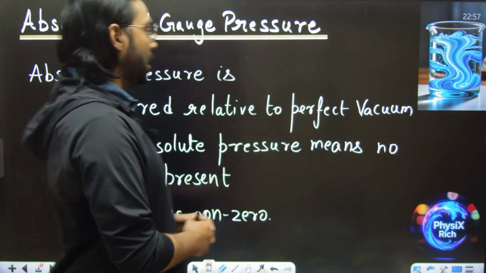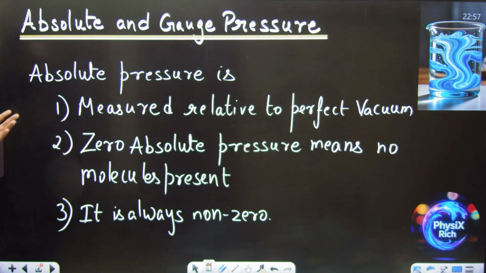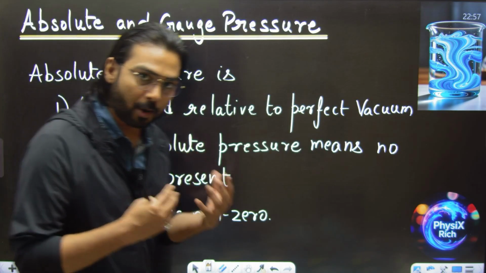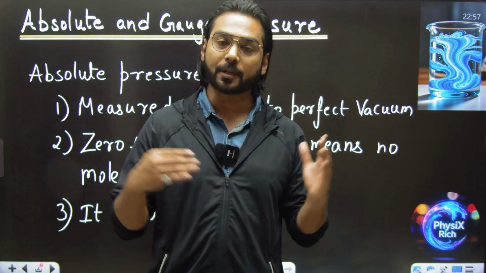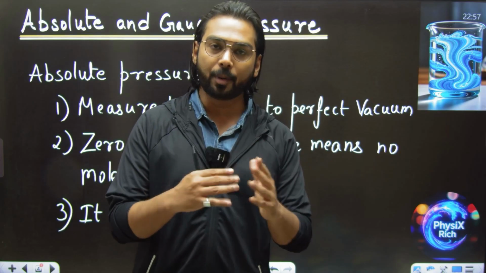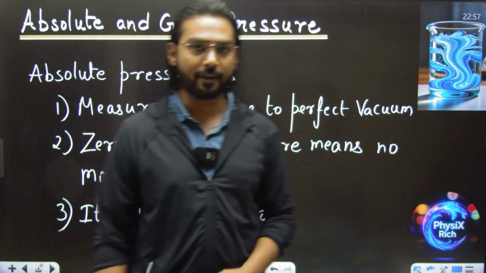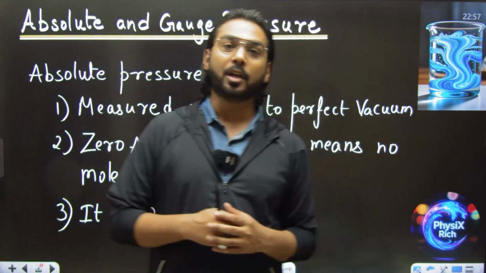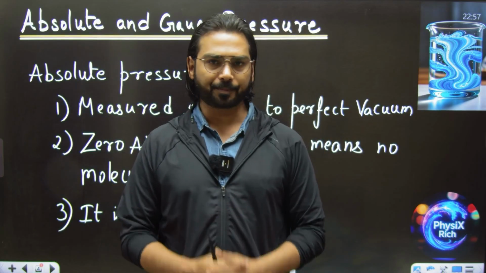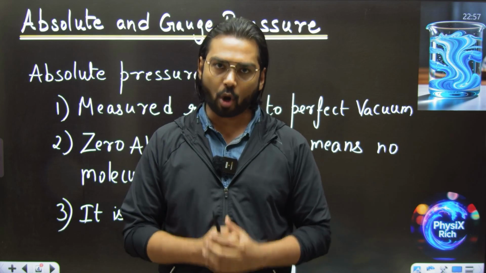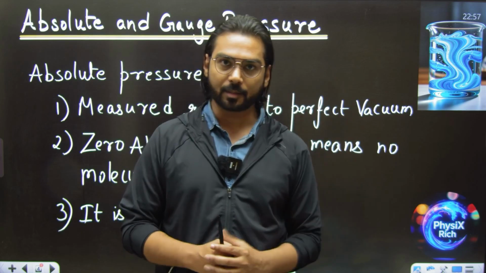Now, speaking of absolute pressure, it is the total amount of force in the perpendicular direction per unit area, and it is measured relative to perfect vacuum. Now, my dear students, we have to understand that there is a huge air column right above us.